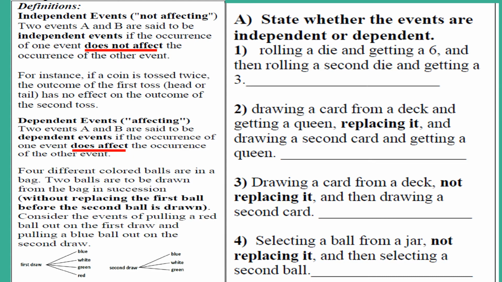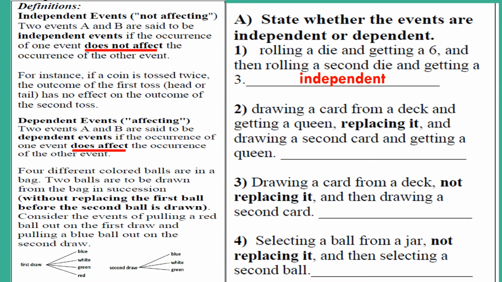State whether the events are independent or dependent. Number 1, rolling a die and getting a 6, and then rolling a second die and getting a 3. So it is independent. The result of rolling one die does not depend on the result of rolling another die.